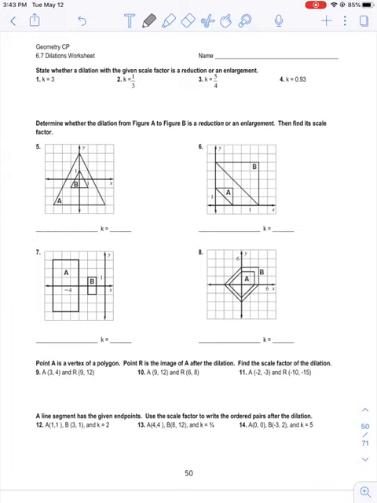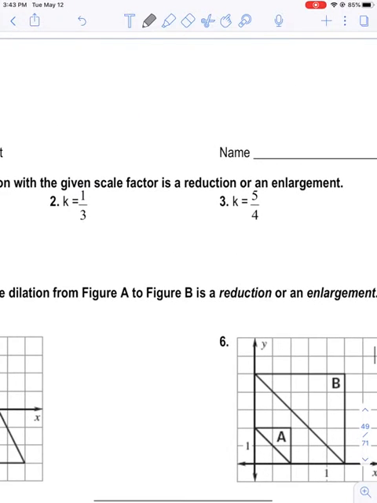So the first row: state whether a dilation with the given scale factor is a reduction or an enlargement. Those are our two choices. A reduction, you probably figured this out, is when you're shrinking the image, and an enlargement is when you're stretching the image.